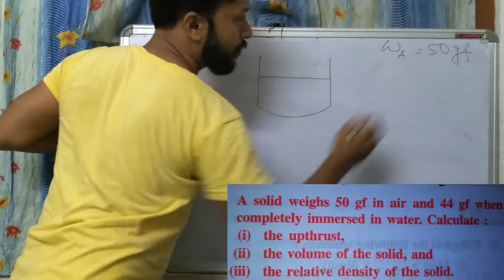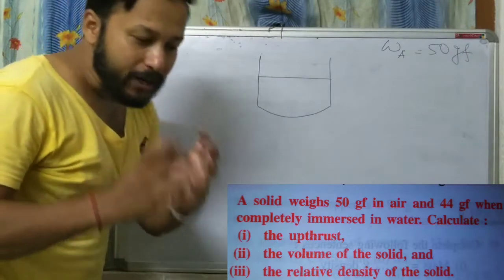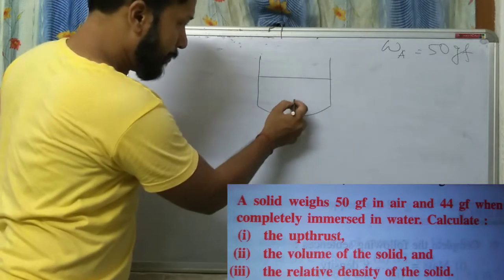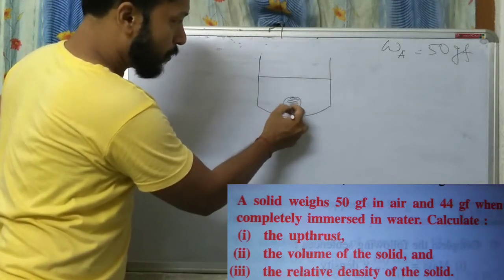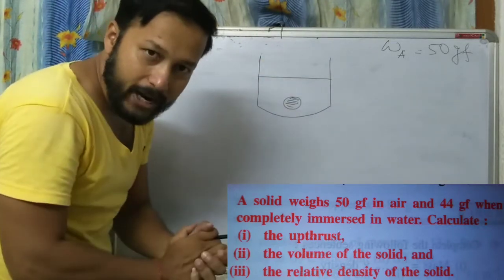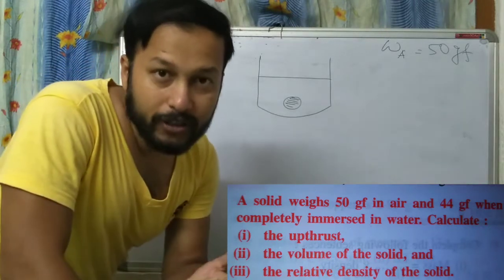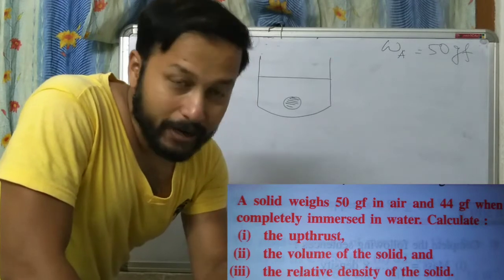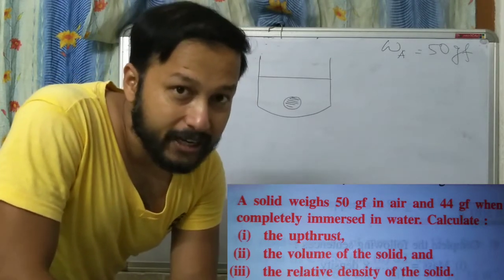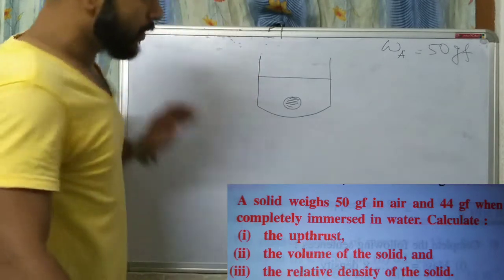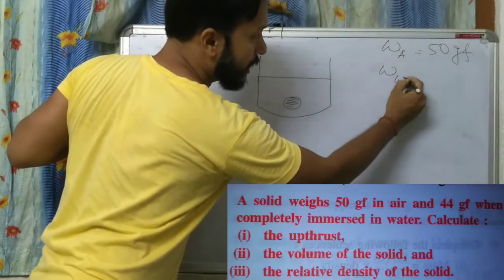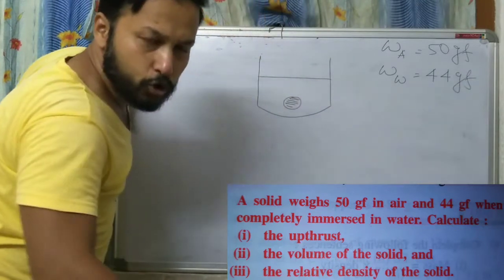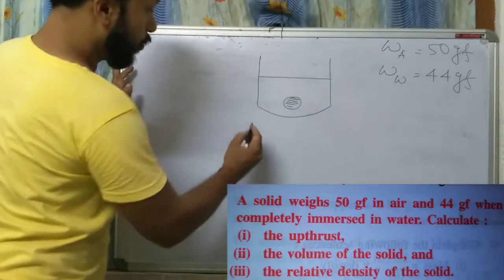Now, when you have taken that object and immersed it in water, this is the object which I have immersed. Then the weight of the object will reduce. So, what is the reduced weight? Reduced weight is 44 gf. So weight in water is 44 gf. How much weight is reduced?